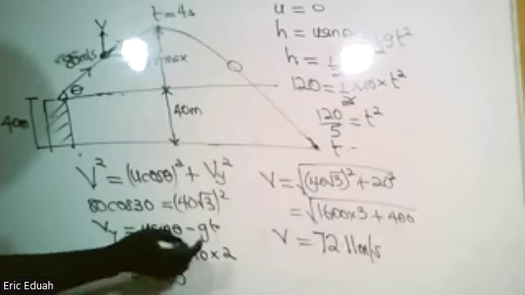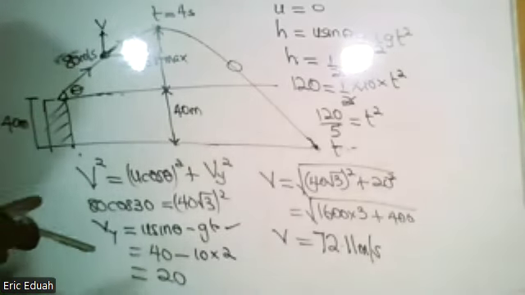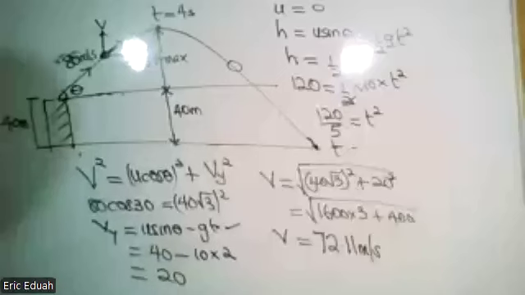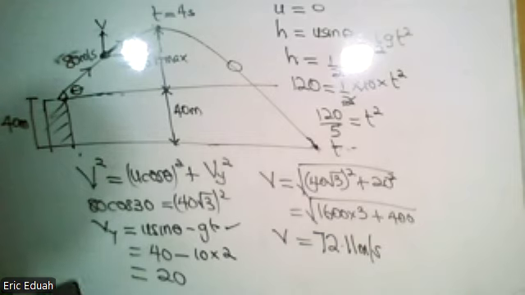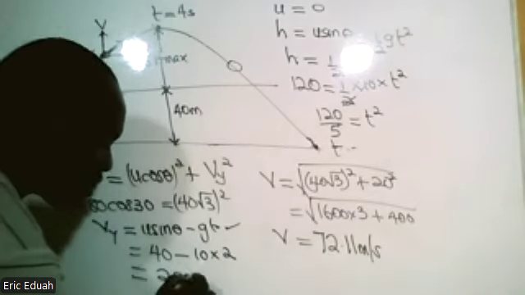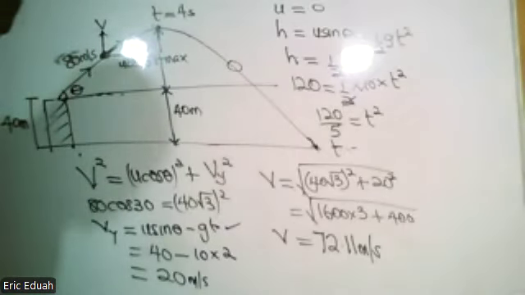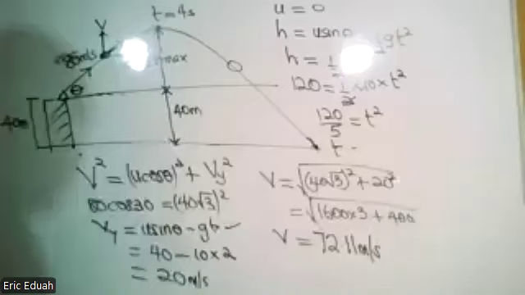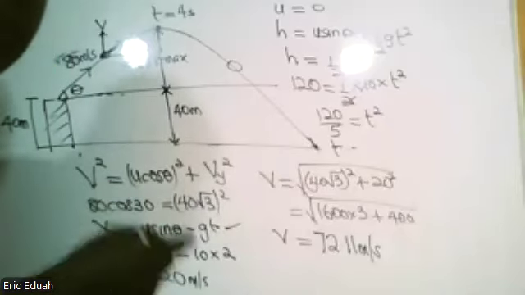Then the answer would have been 20. But when the question goes like, what is the velocity after 2 seconds, then you shouldn't lose sight of the fact that for projectile motion, at every point there are two velocities: constant horizontal velocity and independent vertical velocity. So you need to find the two and find the resultant.